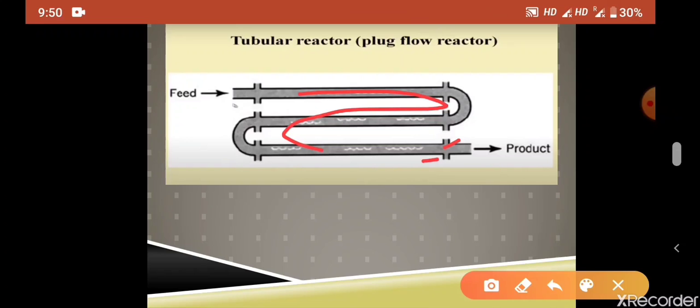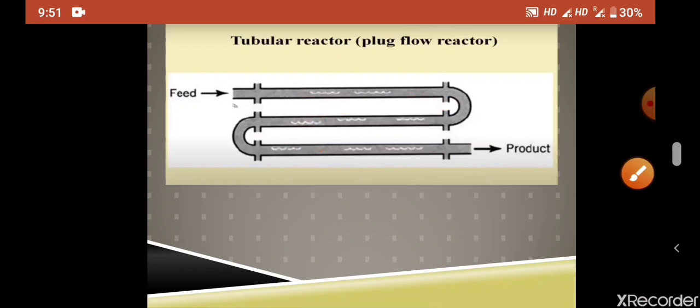So piston flow is considered an ideal flow where there is no friction, because that is actually not possible. But in the normal case we have friction. That is why we have different velocity of the liquid along the cross section.